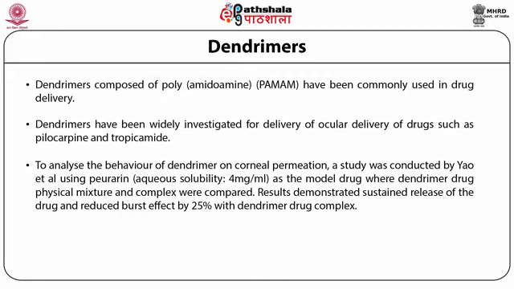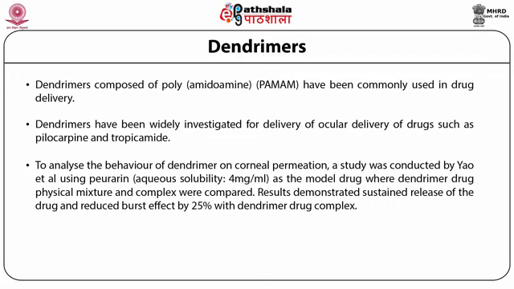Permeability of dendrimer, however, was observed to depend on the molecular weight, size, and formulation technique. It was also observed that the physical mixture resulted in twice the permeability as observed with the complex.